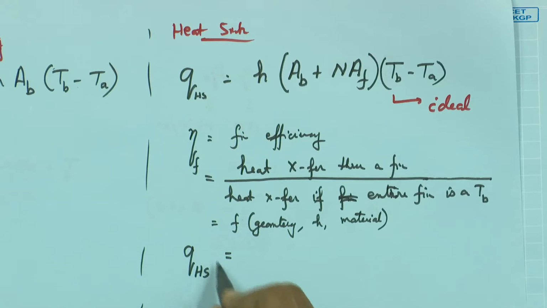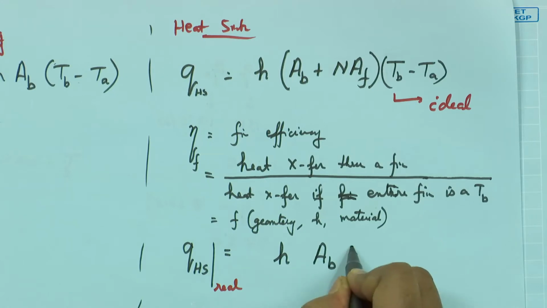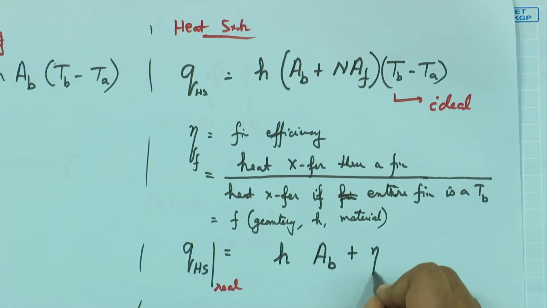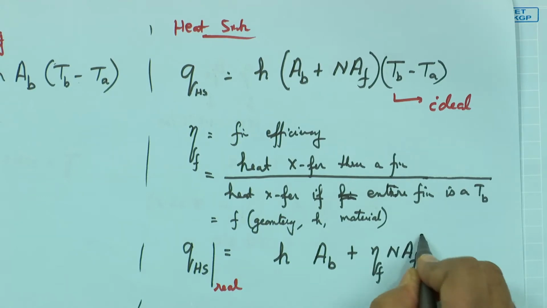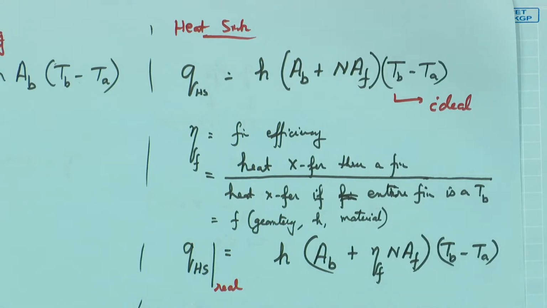So, therefore, actual Q, so this is real, can be written as h times area of the base plus eta fin times area of the fin, times T b minus T a. Okay. So, this is for an array of fins, this is the total heat transfer.